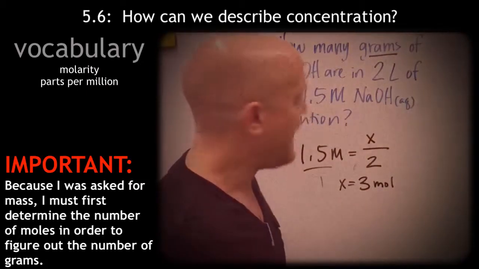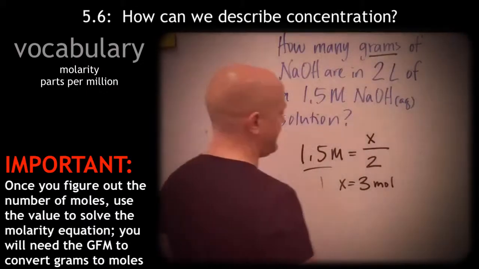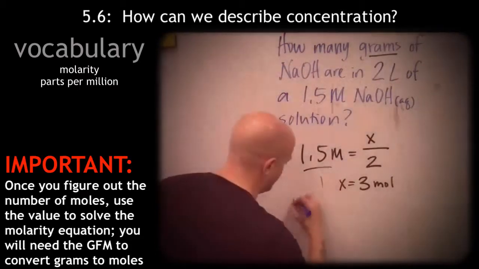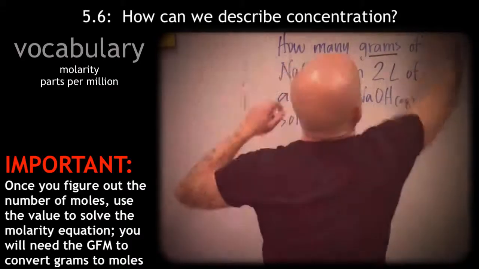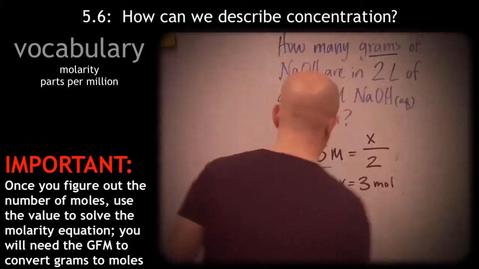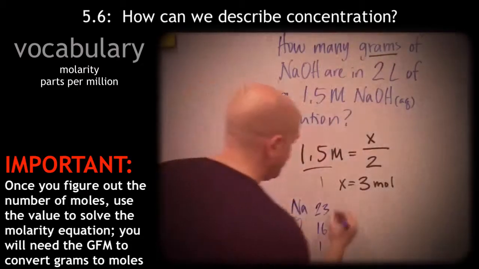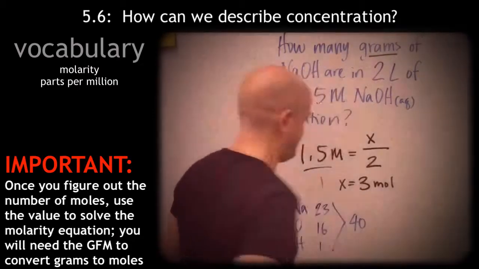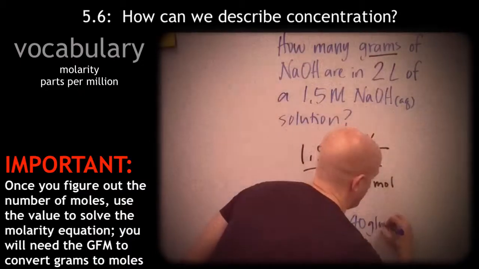Now from that, I need to do a mole calculation. Sorry, I need to calculate the gram formula mass, and I determined that sodium, oxygen, and hydrogen. Sodium is 23. Oxygen is 16, hydrogen is 1. This is 40. So now this is 40 grams per mole.